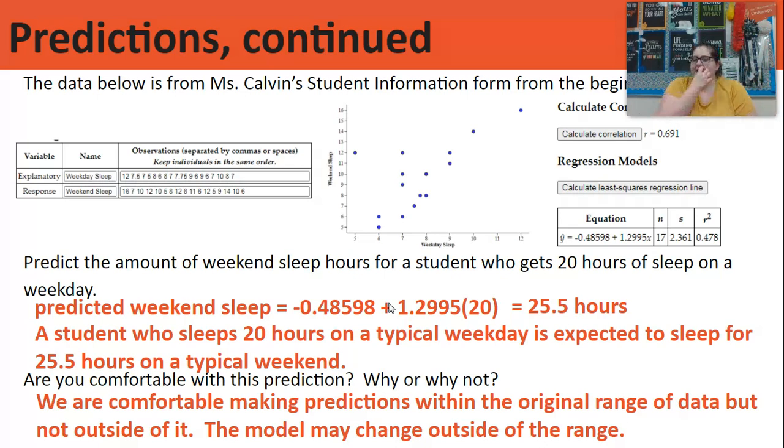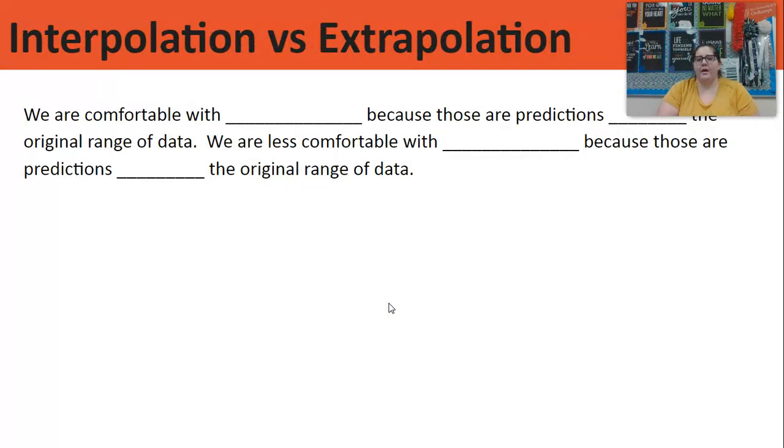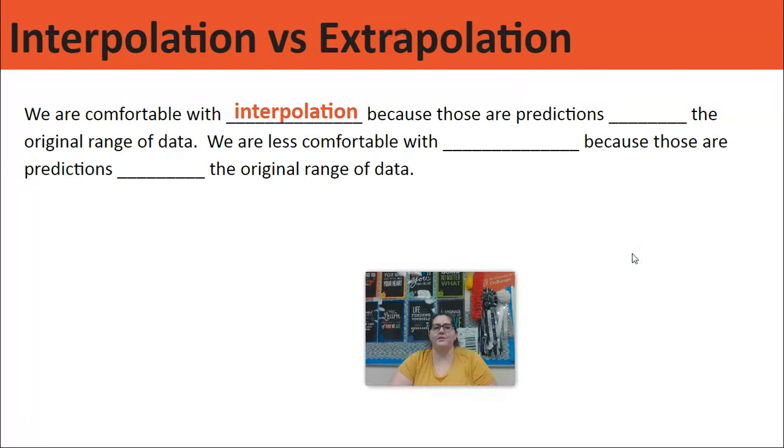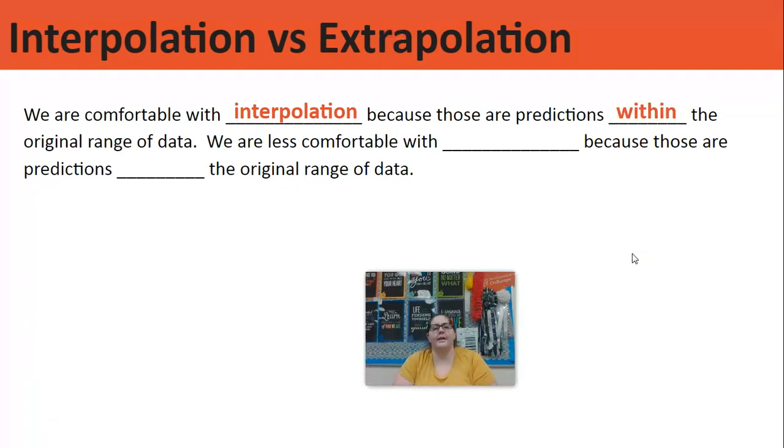So we're not going to be comfortable making predictions that are outside of the original range of our data. And we have a word for that. Interpolation is something we're comfortable with. Interpolation means that we are making predictions within the original set of data. And then we're less comfortable with extrapolation, because that means making predictions that are outside of the original range of data.